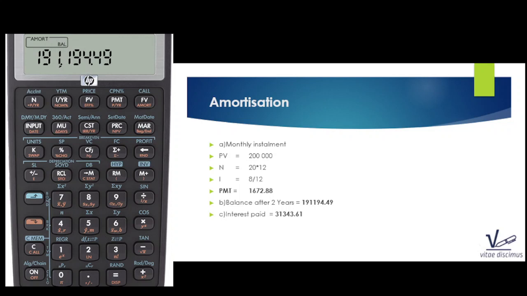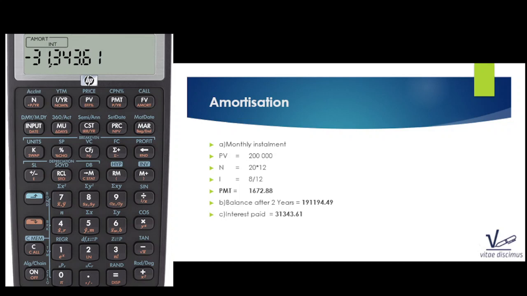So for part B, that's our balance, 191,194. Then our interest for part C is just the 31,343.